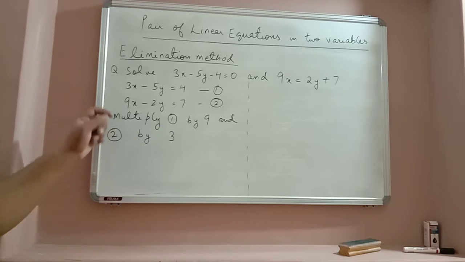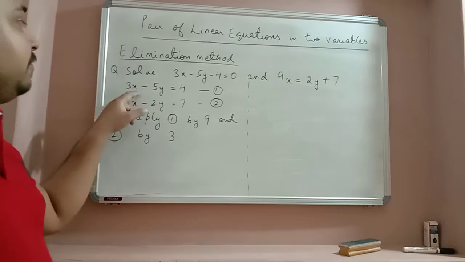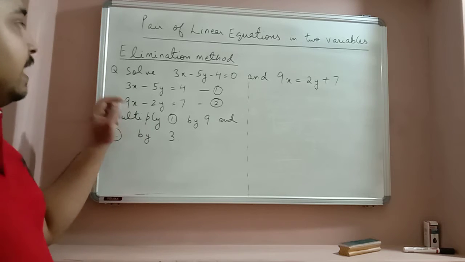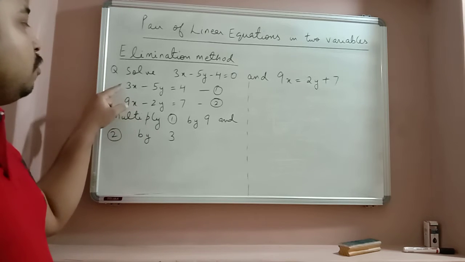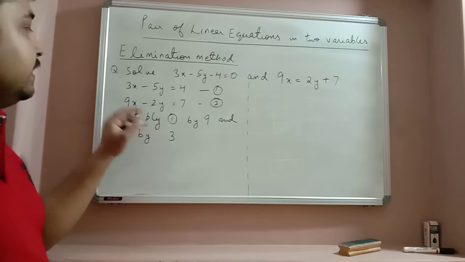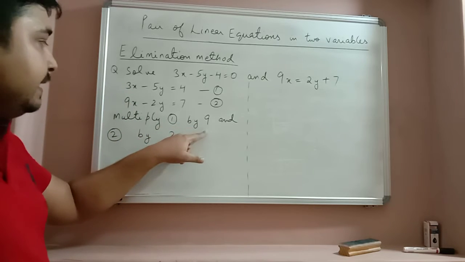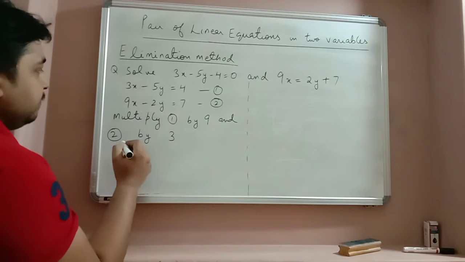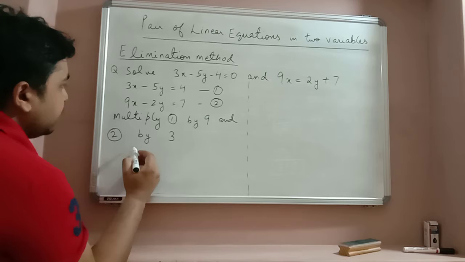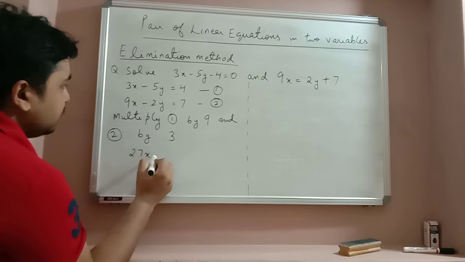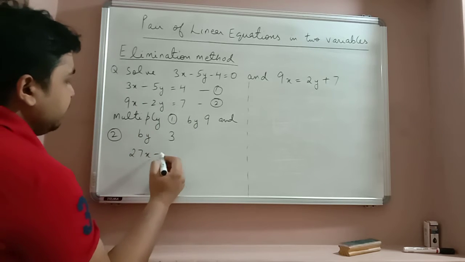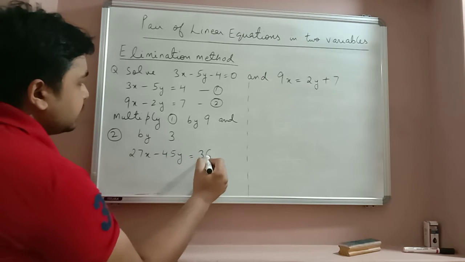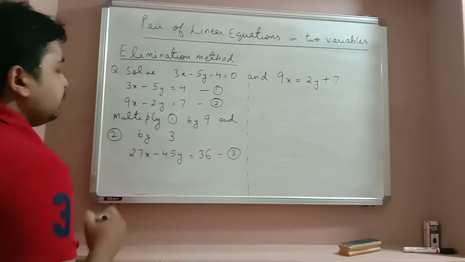So I am multiplying the first equation by 9 and the second equation by 3. Now on multiplying we get 9 3s are 27x minus 5 9s are 45y equals 36. This becomes our equation number 3.